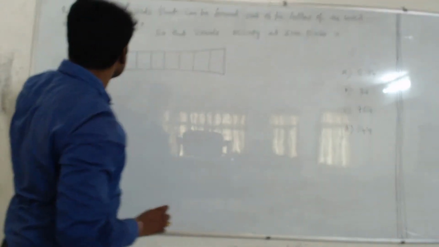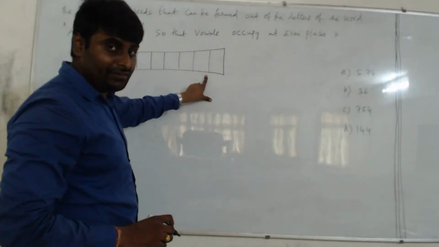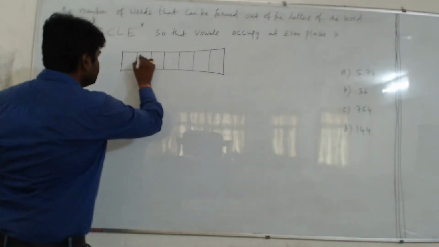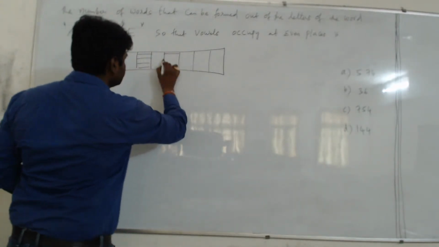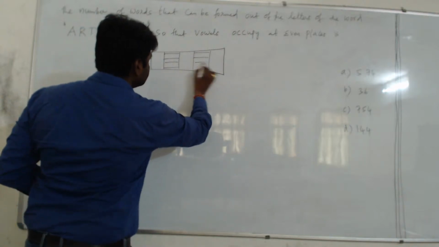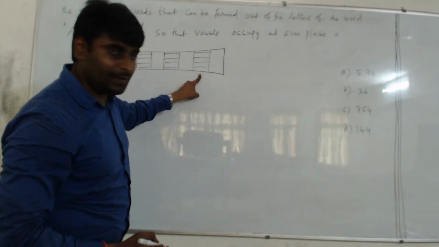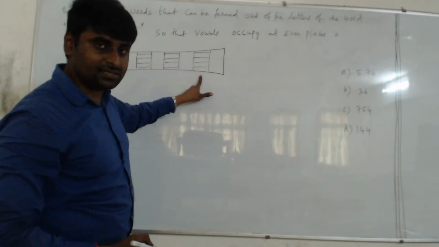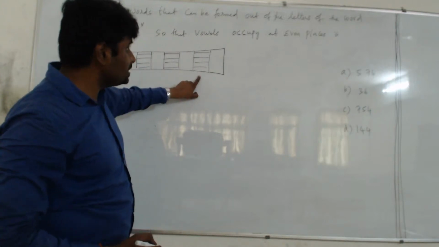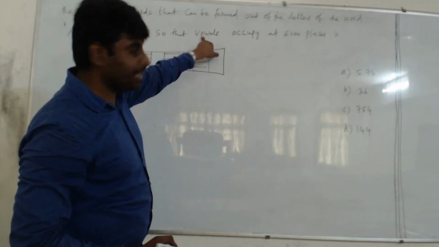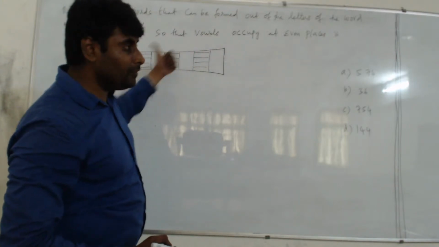In a 7-letter word, how many even places do we find? Second place, fourth place, sixth place. These three are even places. In these even places, we need to arrange vowels. How many vowels are available?